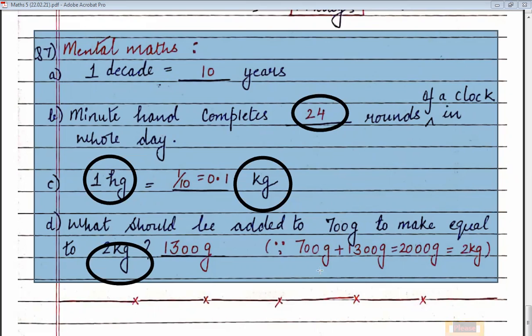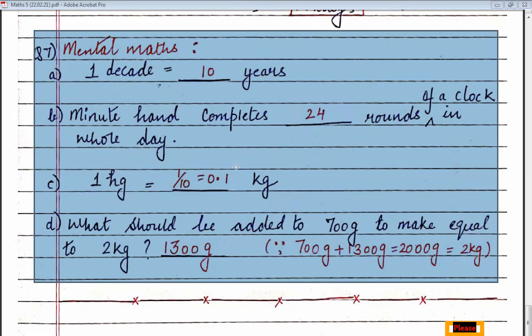So it is 1300, because 1300 plus 700 will give you 2000 gram, and 2000 gram means 2 kg. I hope children you are clear with all the 7 questions which we have discussed in today's lesson. So if you have any confusion, please look at the video one more time. Thank you, students.